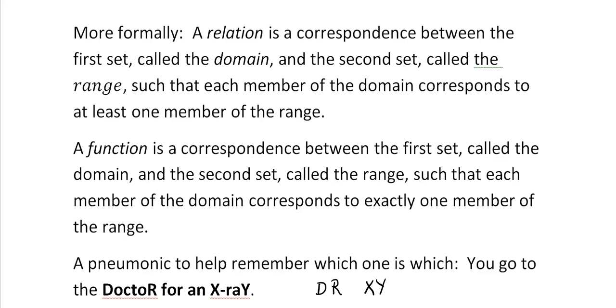Keeping track of domain and range has always been a little bit confusing for folks that I've encountered. It was confusing for me for a while until I came up with this mnemonic.